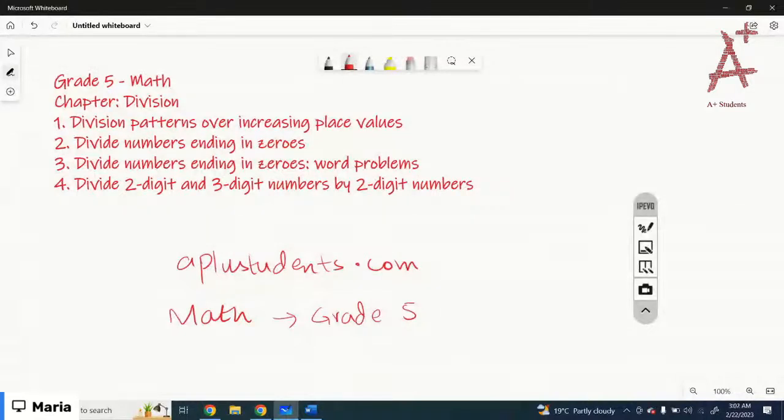So let's start with the first lesson, division patterns over increasing place values. Please make sure you have your notebook and pencil so that you can note down the important examples and definitions as well. Let's start with the first lesson.